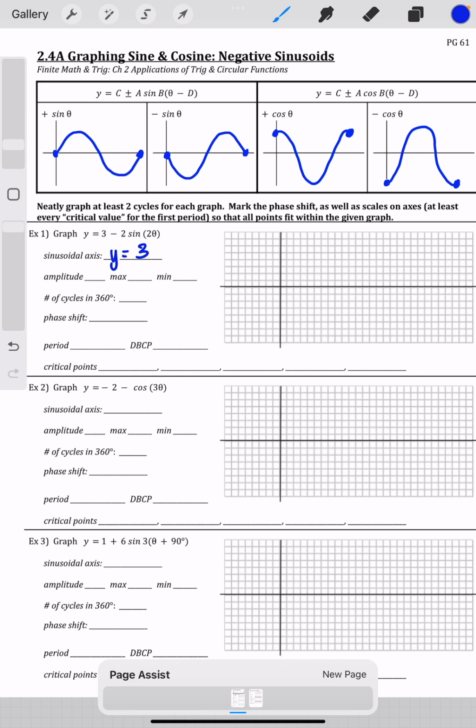Our amplitude is always positive, so we want the absolute value of a, which is 2. That allows us to start at our midline of 3 and add 2 for a max of 5. And then we start at 3 and go down 2 for 1. So our graph line is going to be at 3, then 1, and then 5.